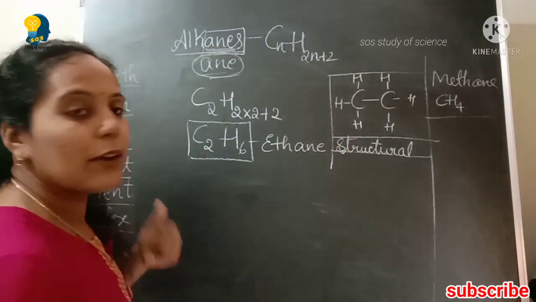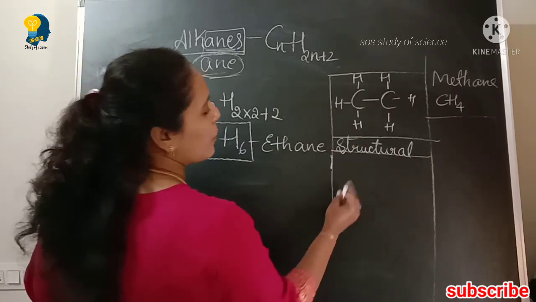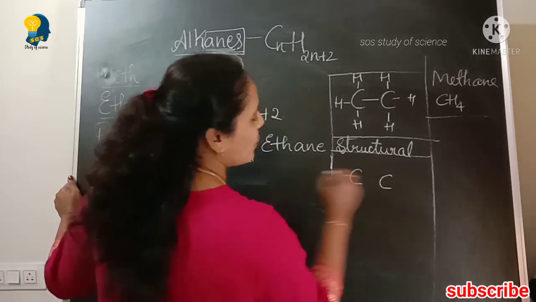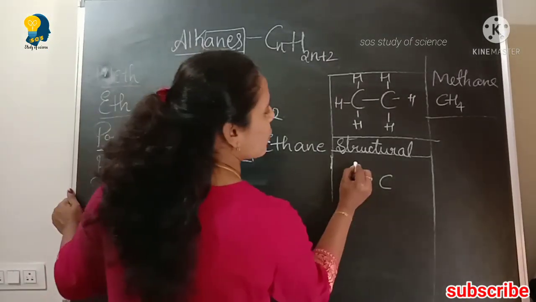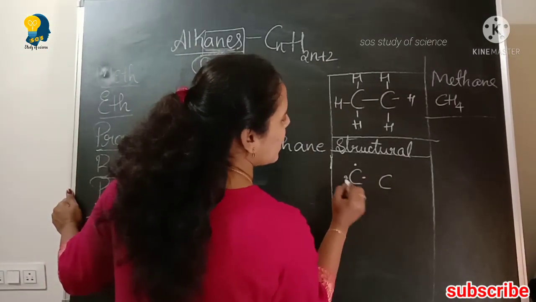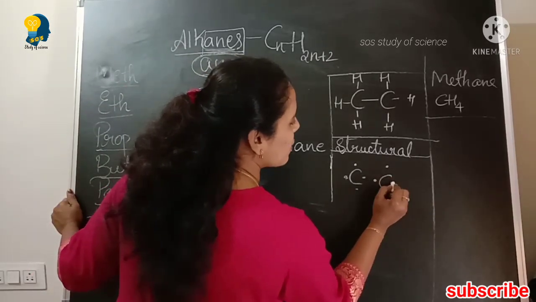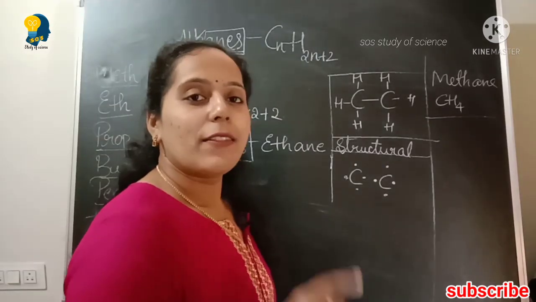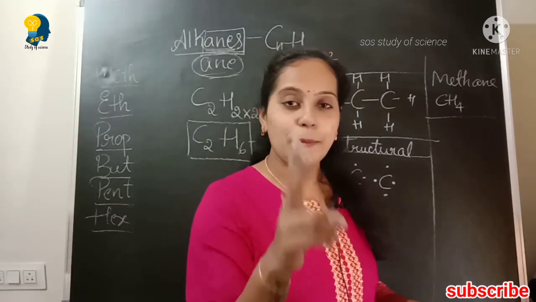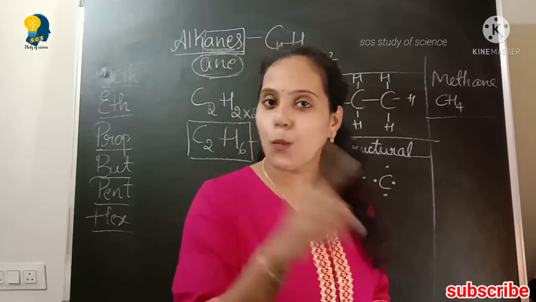Now let me write the electron dot structural formula. Very easy, by looking at the molecular formula. Write 2 carbon atoms. You know that each carbon atom has 4 valence electrons: 1, 2, 3, 4. And the opposite carbon also has 4 valence electrons. Please remember that wherever there are 2 dots, that means only 1 bond is created. 2 electron dots represent 1 bond.